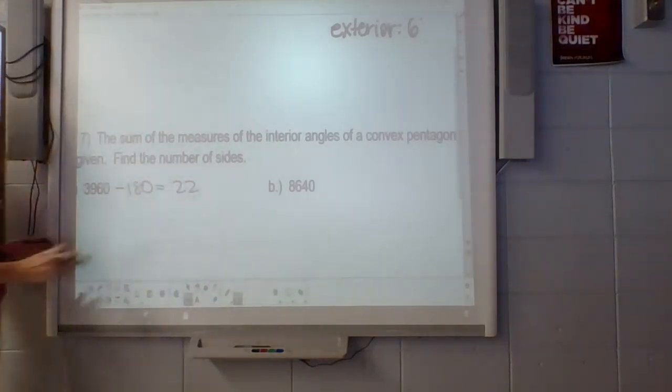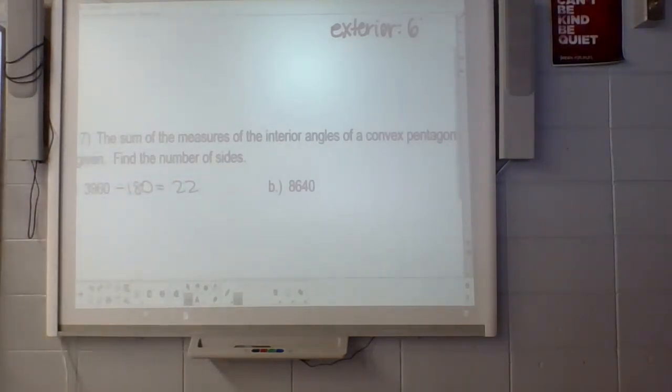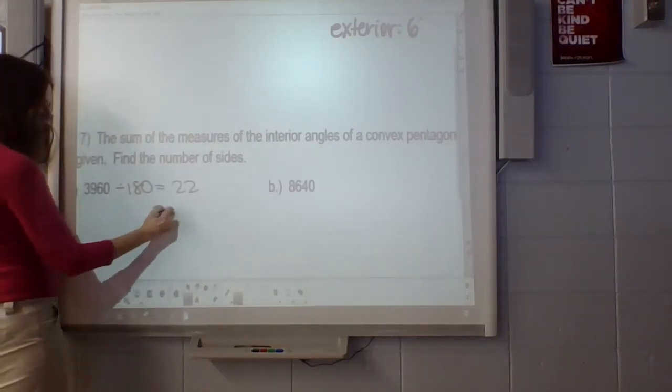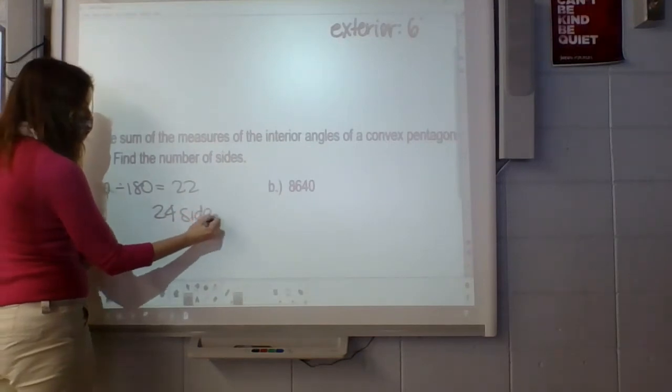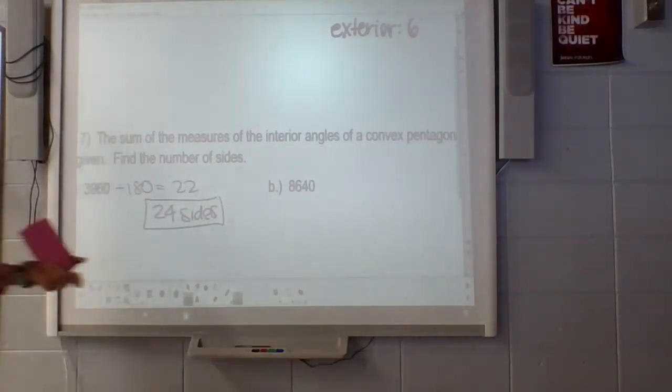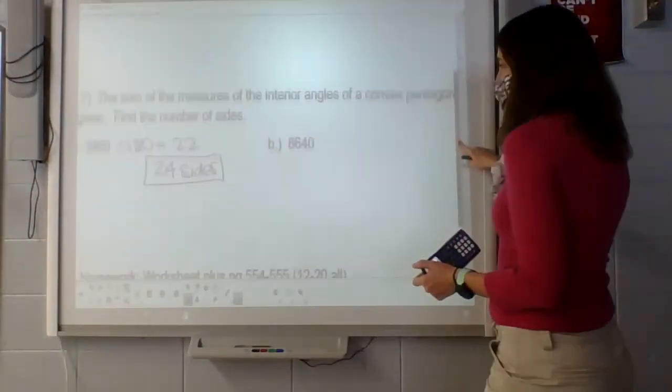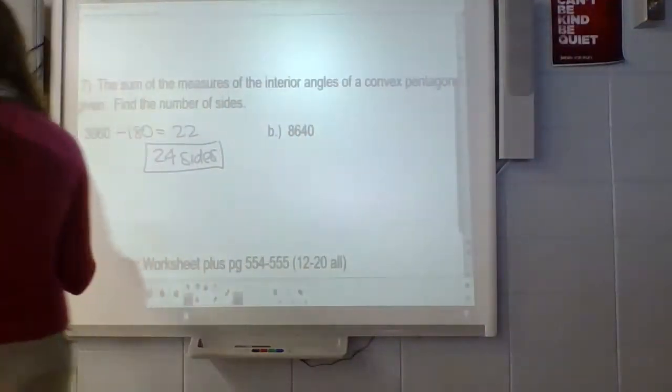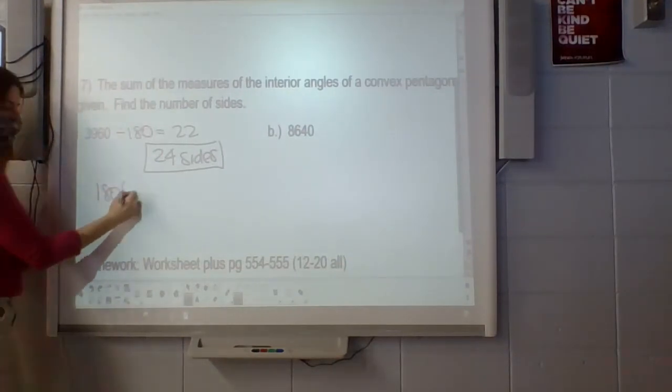Is that the number of sides? No. What do I still need to do? Add 2. That sounds really weird, just add 2, but he's basically undoing that other formula. I'm fine with you doing that if it works for you. Otherwise, some of you are formula followers.